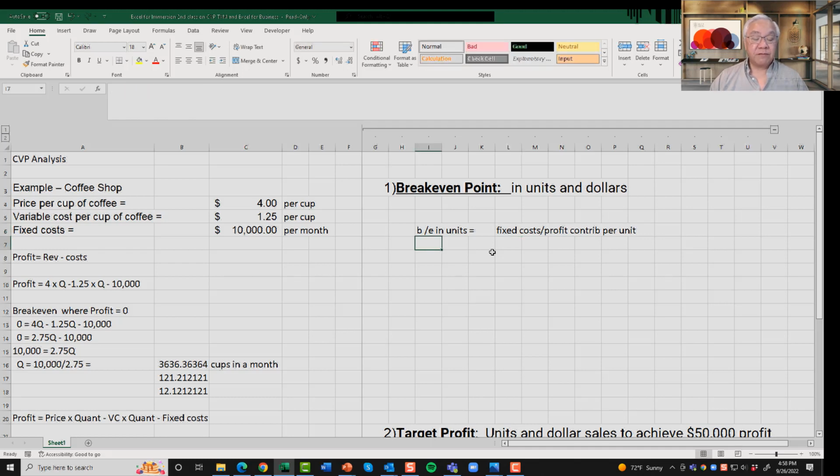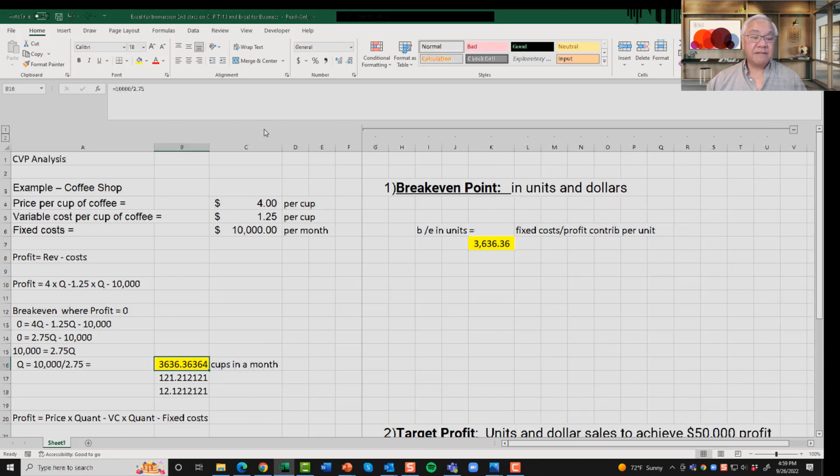So we could have gone through the derivation on the left using the profit equation, or we could do a shortcut. So just to show you it works, equals the fixed cost of 10,000 divided by the unit contribution, 4 minus 1.25, and we get 3636, which is the same as this number, right?